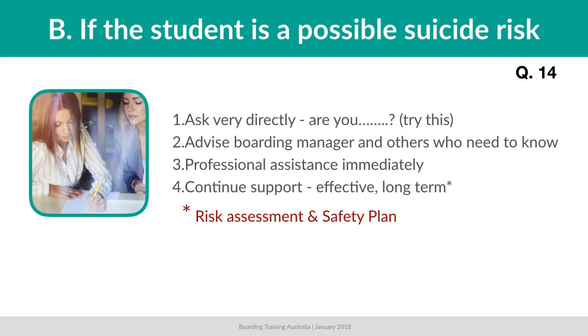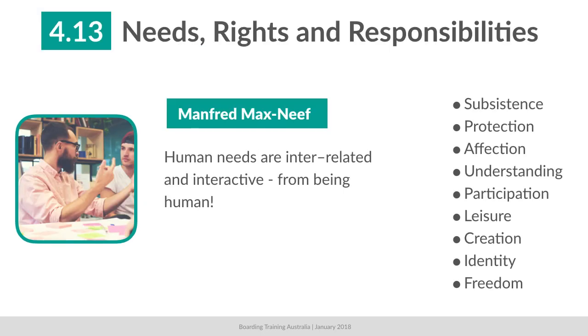So the next section we're going to look at is the needs, rights and responsibilities of young people. Manfred Max Neef looked at human needs and said they're interrelated and interactive, as indeed they are. So he looked at needs in terms of all of those on the right-hand side there.